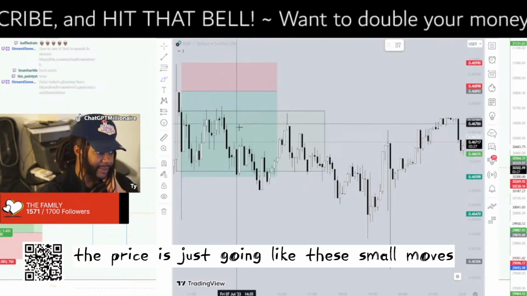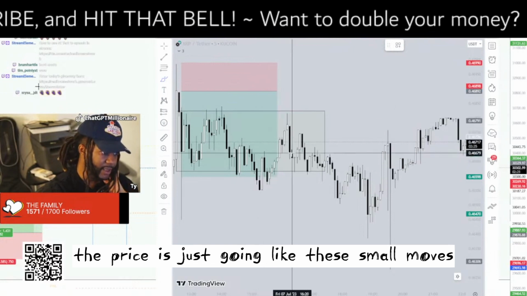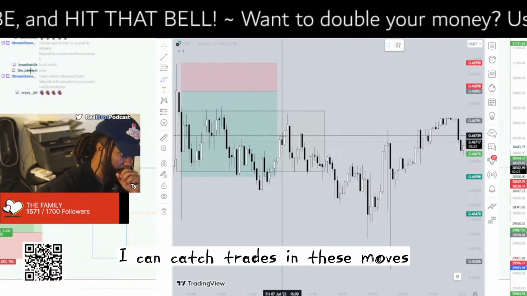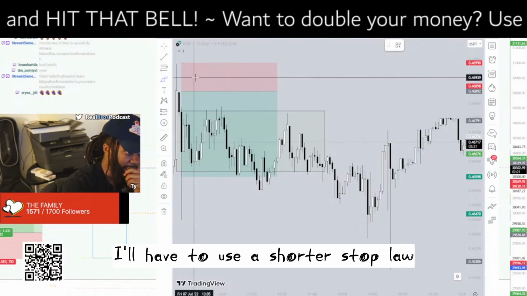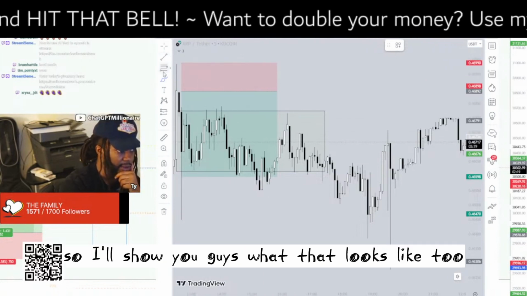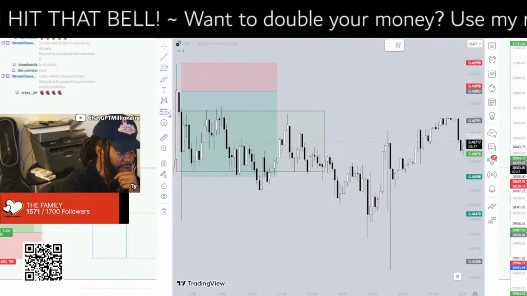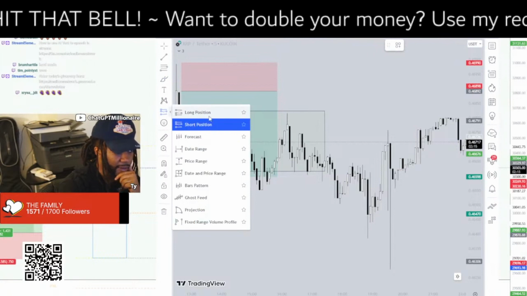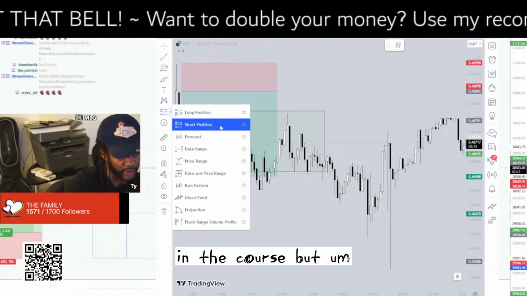Now I'm like, all right, the price is just going like these small moves. I can catch trades in these moves. To catch a trade in these, I'll have to use a shorter stop loss. So I'll show you guys what that looks like too. But I teach you guys how to trade trading ranges in the course.